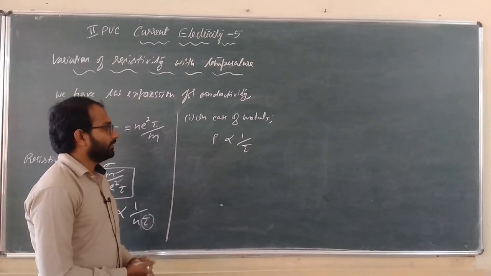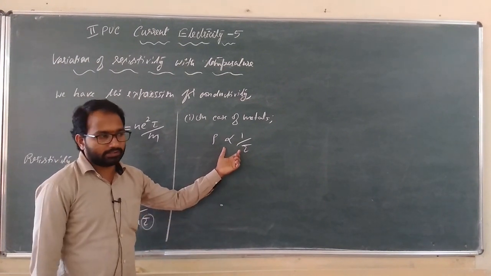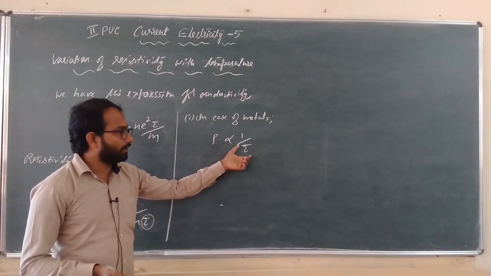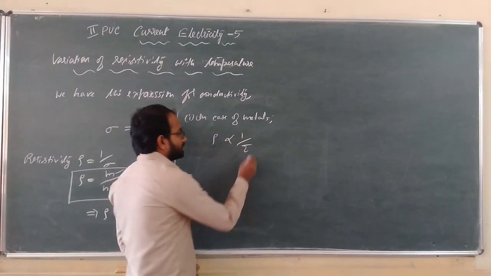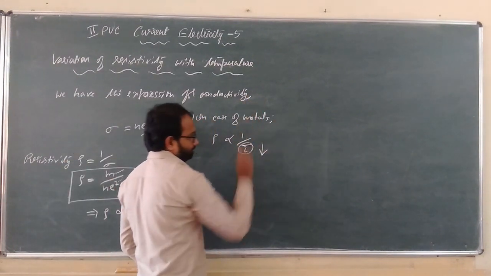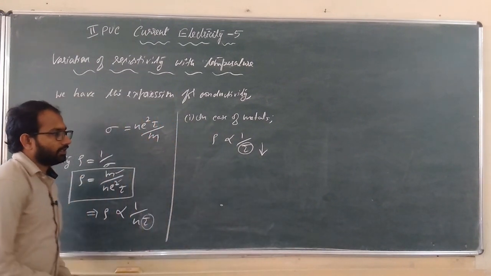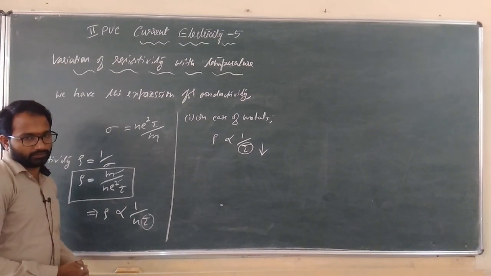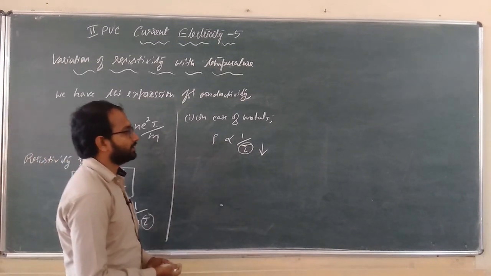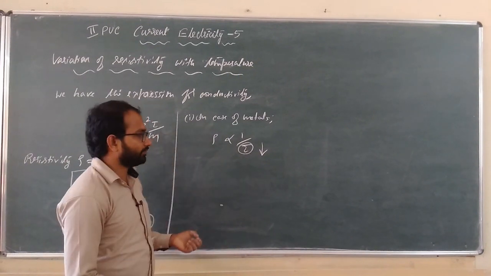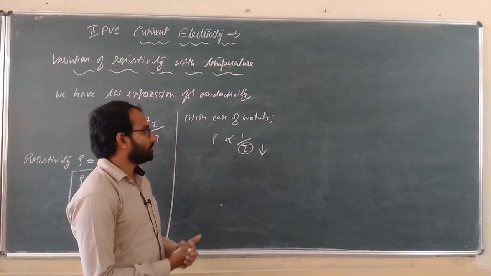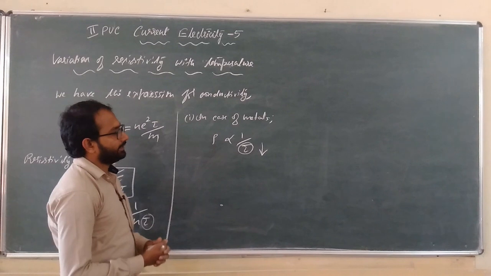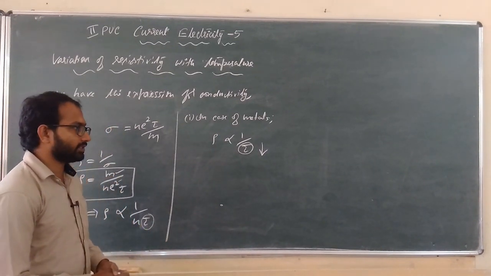Since the electrons' average speed is increased and the amplitude of vibration of positive ions is now more, the electrons moving inside the conductor collide more frequently with the positive ions.